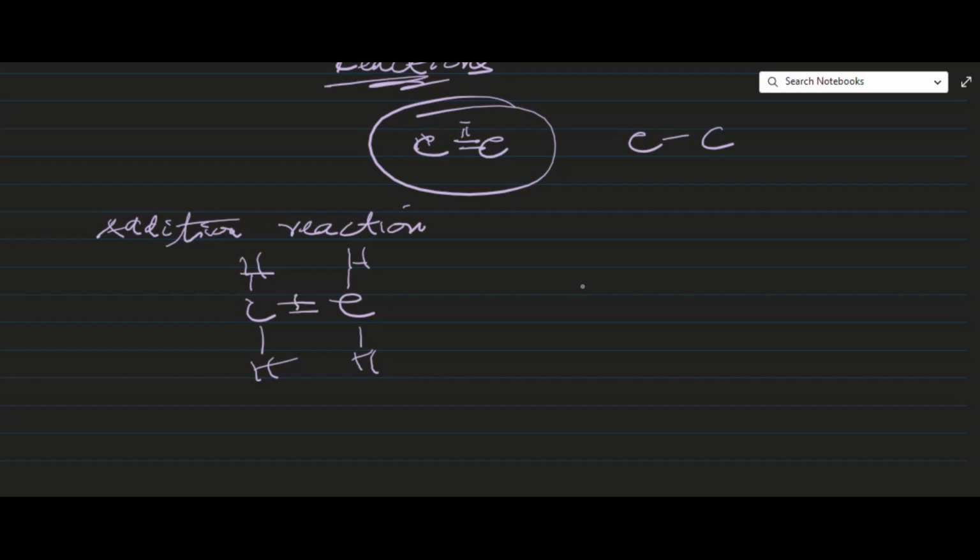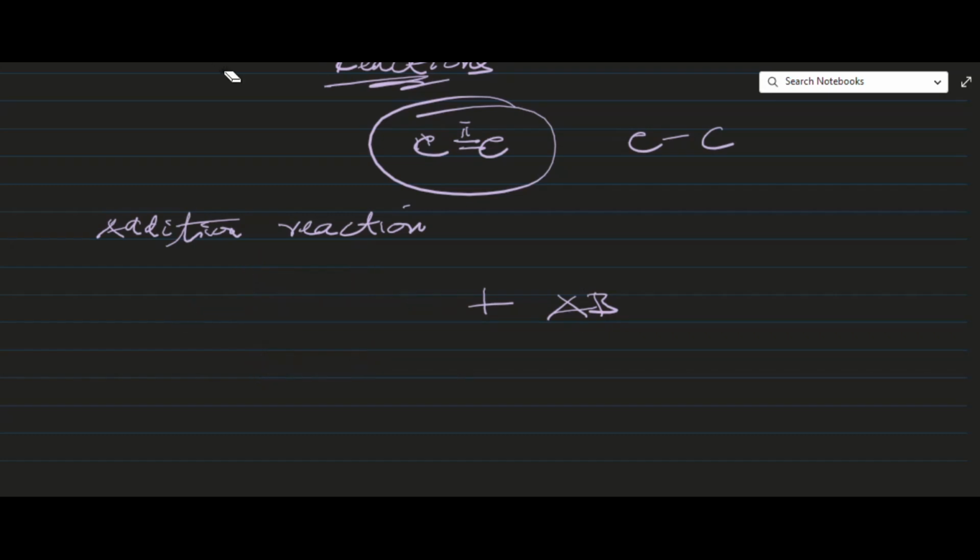One of the bonds will break, usually the pi bond. When it breaks, we use the broken bond to add atoms across the double bond. One atom A can come here, atom B can come here, when you have AB reacting with your alkene or ethene.